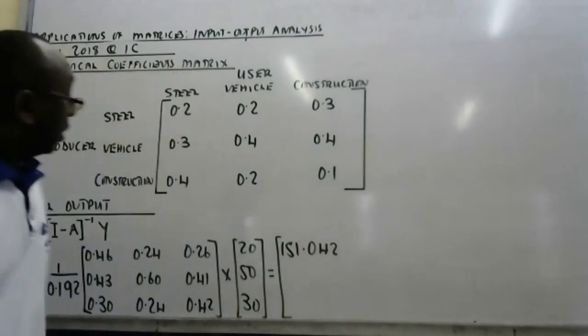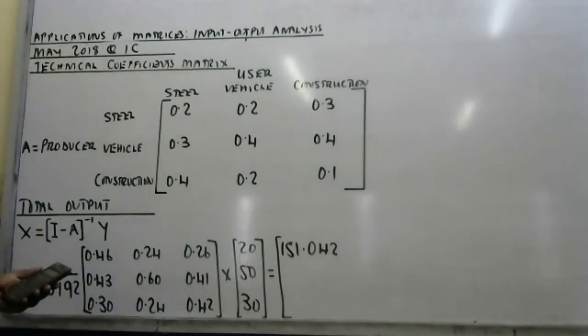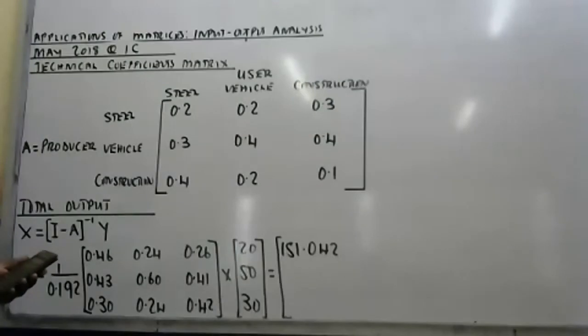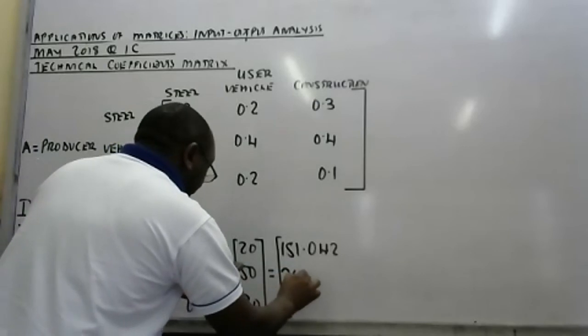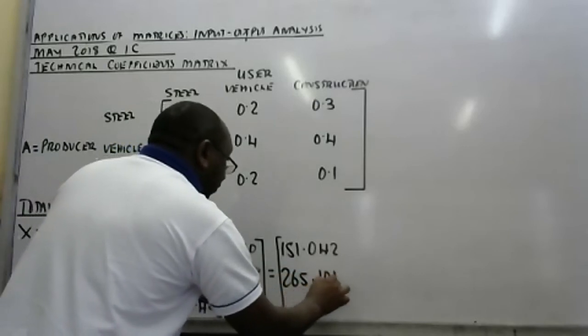So we multiply this other one, 0.43 times 20 plus 0.6 times 50 plus 0.41 times 30 equals, divide by 0.192. I'm getting 265.104.